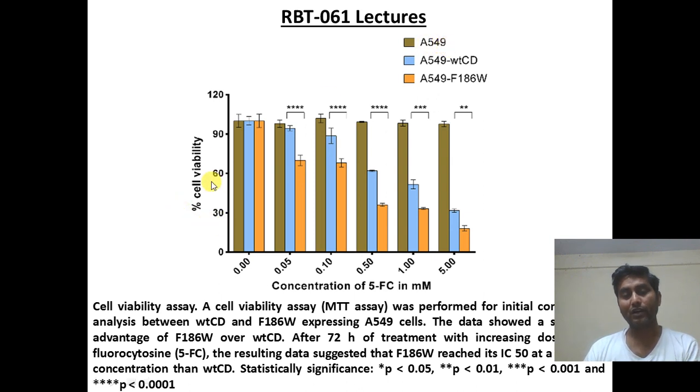After that they have plotted this in terms of cell viability, and this way they found which concentration is working more, and they have used different cell types, like this is a wild type, and this is... thank you.